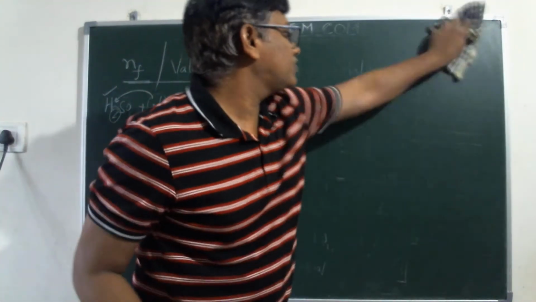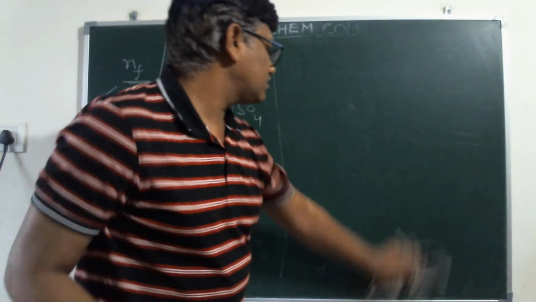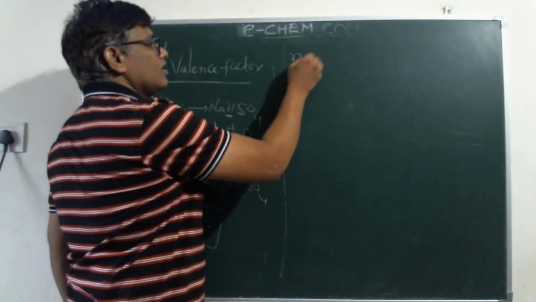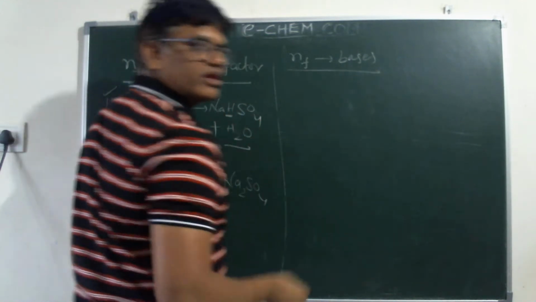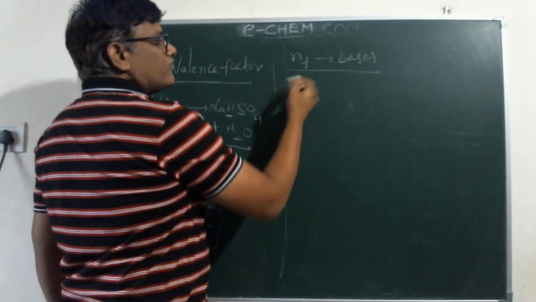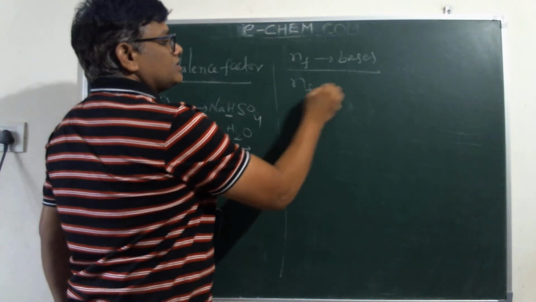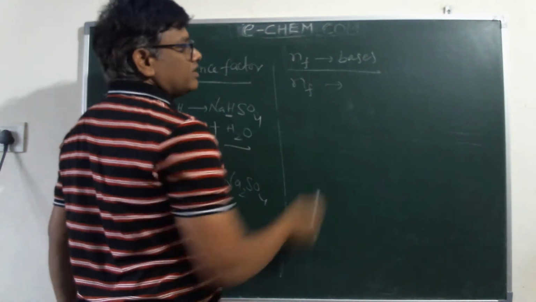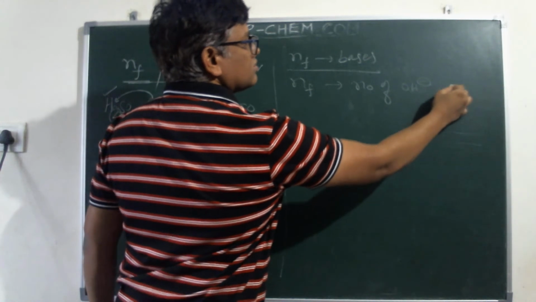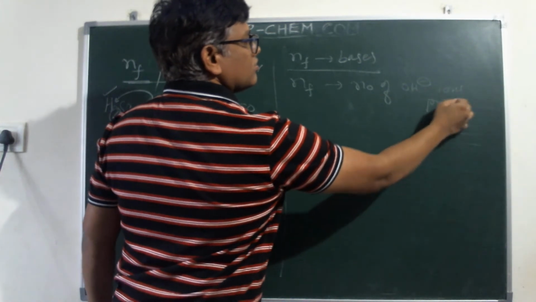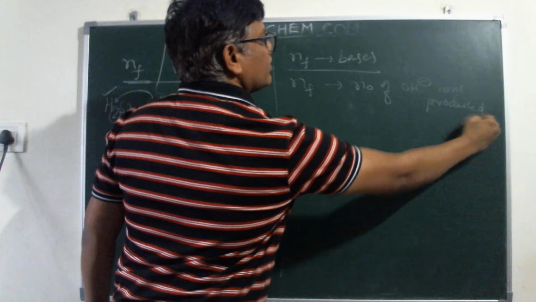Next, let's go for the calculation of n factor for bases. As I told, for bases the n factor is the number of OH minus ions produced by 1 mole of the compound.